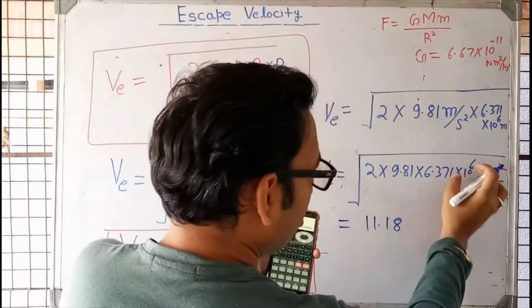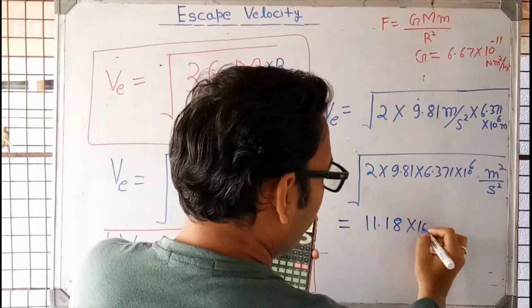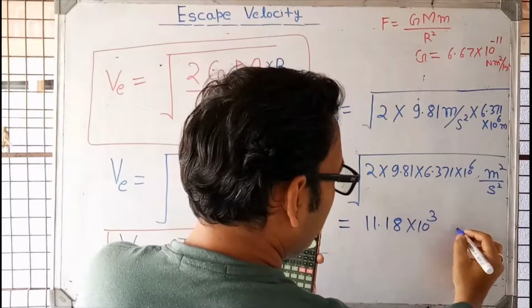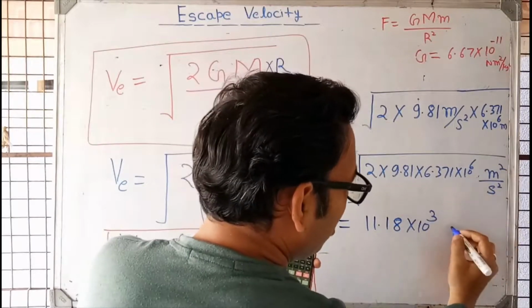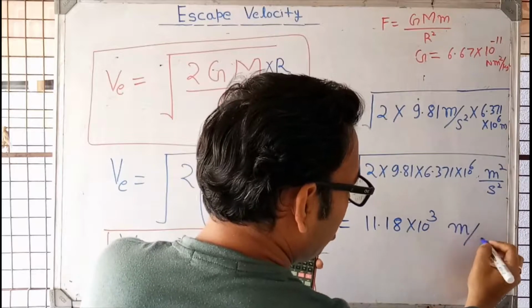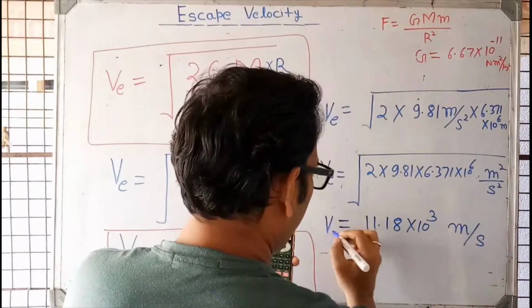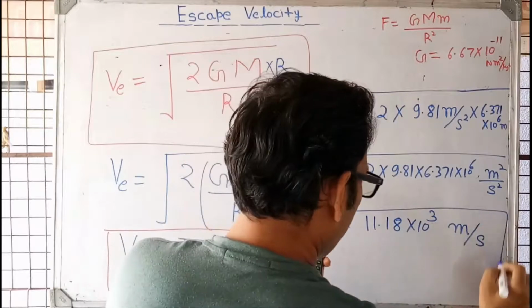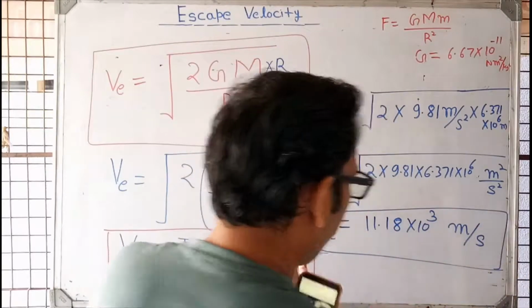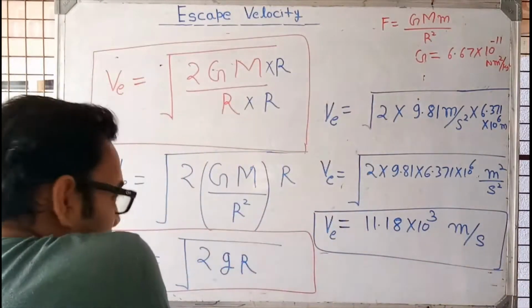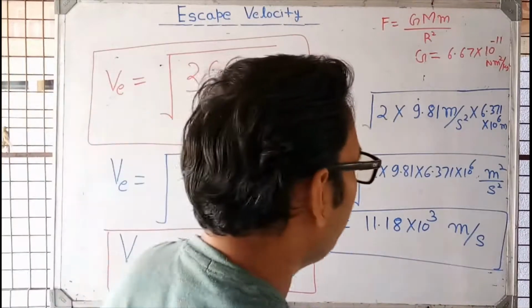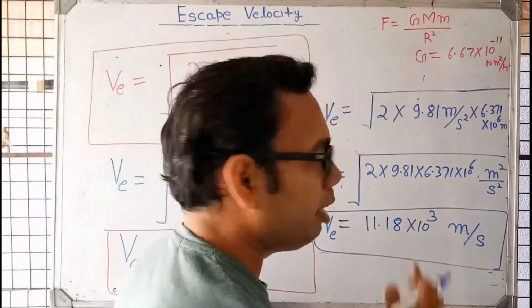So this is coming 11.18 into 10 to the power 3 meter per second, VE.